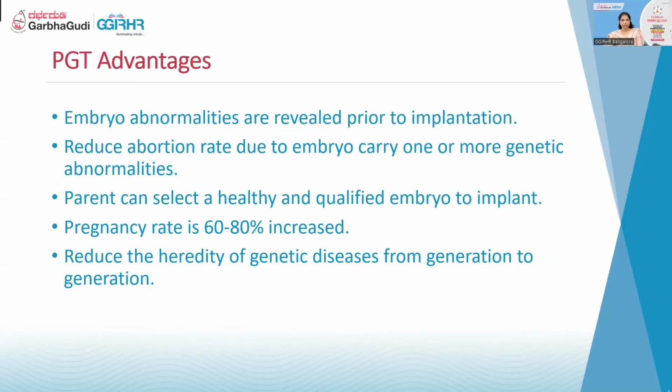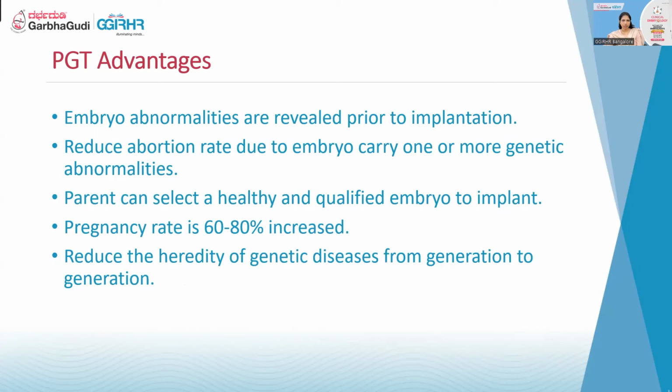So what are the advantages of PGT? Embryo abnormalities can be ruled out, and we can reveal them prior to implantation, and we can reduce abortion rates due to embryo abnormalities, since more than 1 or 2 abnormalities can be determined, and the parents can select a healthy and qualified embryo to implant.